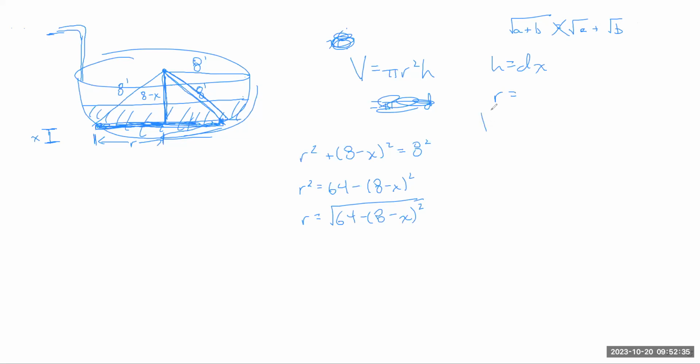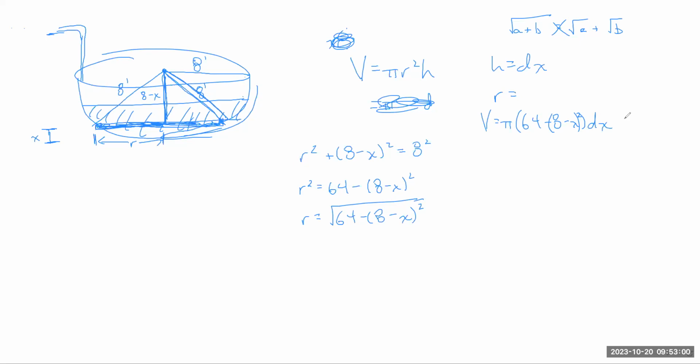And now I think I can say the volume is equal to this. Oh, you know what? I get to square the radius anyway. So volume equals pi times (64 minus (8 minus x) squared) times dx, right? All that work was to find the volume of the water in the slice.